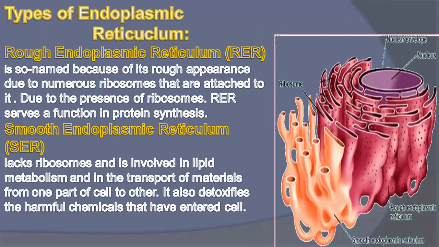There are two types of endoplasmic reticulum. One is rough and the other is smooth. Rough endoplasmic reticulum means it appears rough from the outside. If you see, this appears rough and this appears smooth. So this is rough endoplasmic reticulum and this is smooth endoplasmic reticulum, represented by RER and SER.